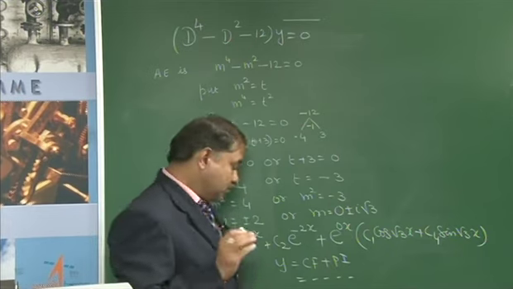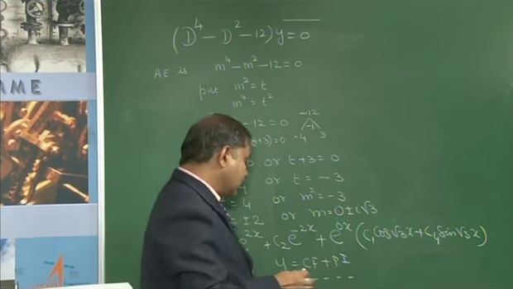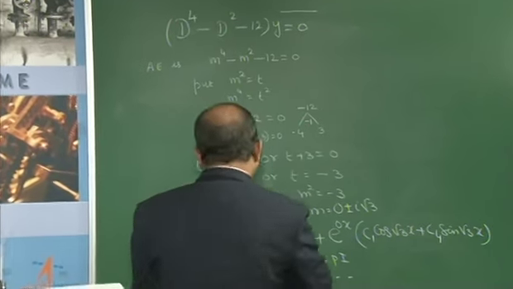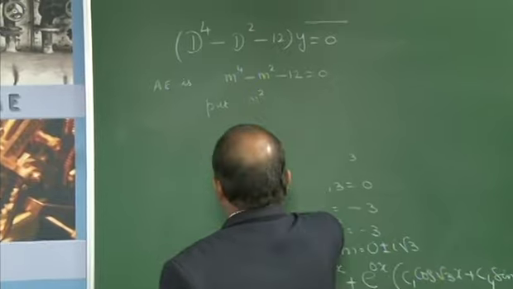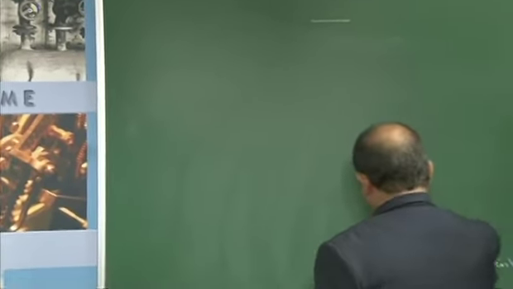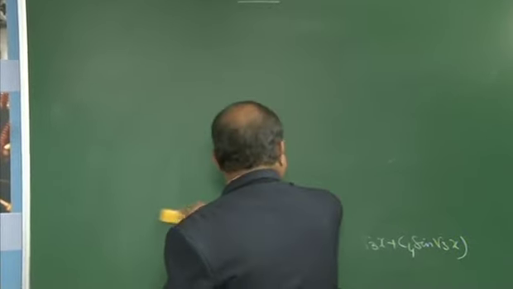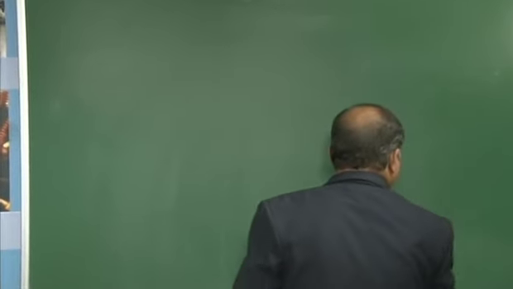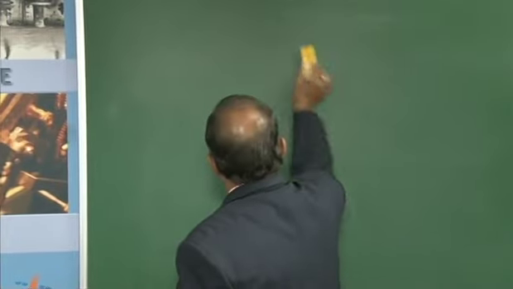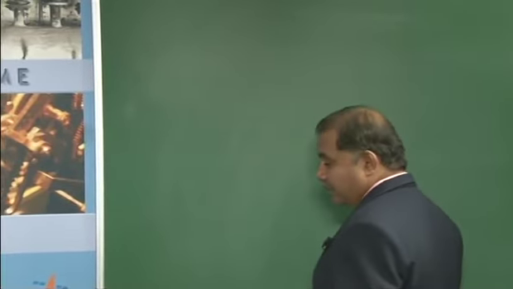I think you are clear now with the complementary functions. What are the 3 kinds of complementary functions? Once again, revise it. One is with unequal roots, another one equal roots, thirdly complex roots. There are 3 formulas for unequal roots, equal roots and complex roots.